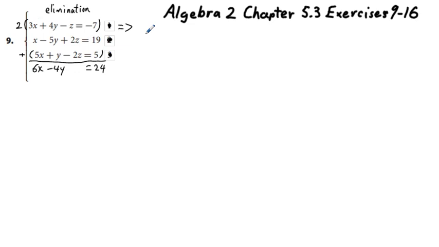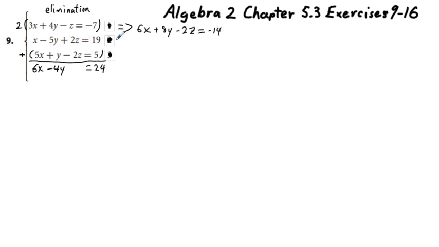So 2 times 3x is 6x, and then 2 times 4y is going to be plus 8y, and then 2 times negative z is going to be negative 2z, and then 2 times negative 7 is going to be negative 14.